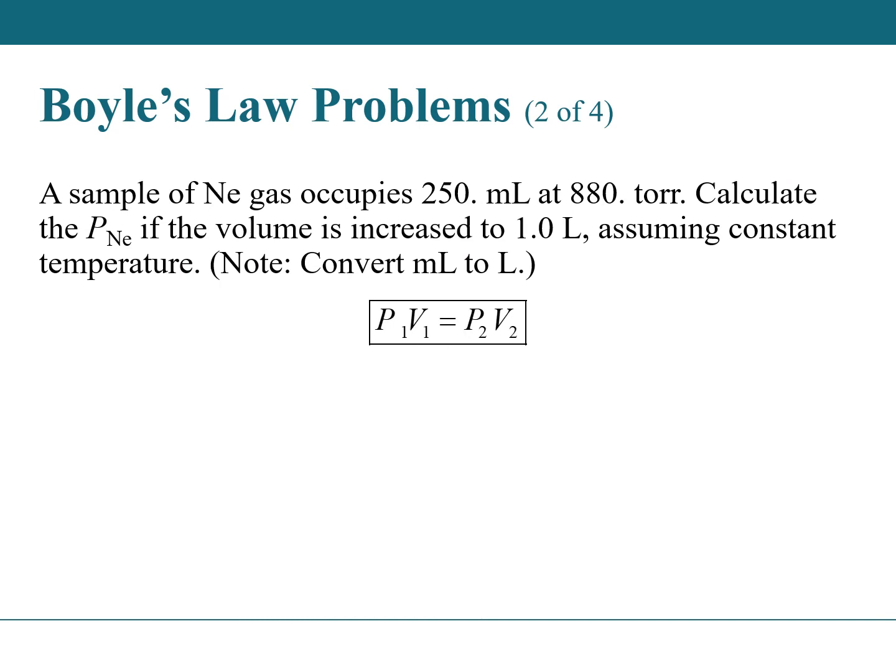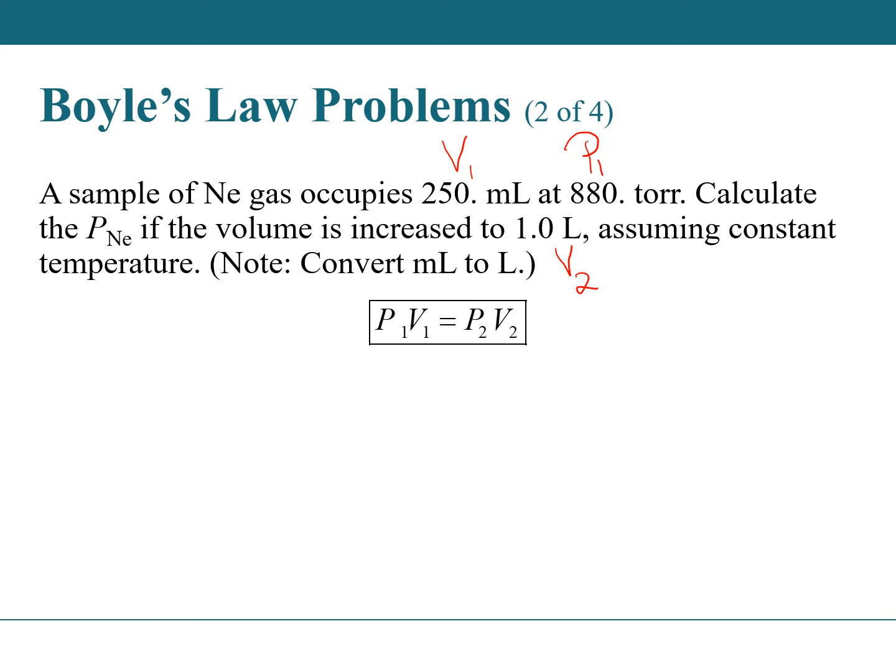Okay, what about a sample of neon gas? It occupies 250 milliliters at 880 torr. So this is V1, this is P1. We're going to calculate the pressure of neon, P2, if the volume is increased to 1 liter. This is V2. Now here's the note: convert milliliters to liters. Remember, we have to have the same units.